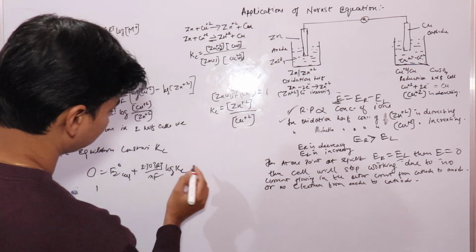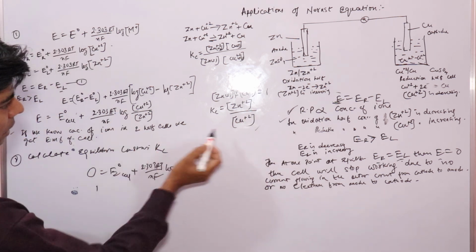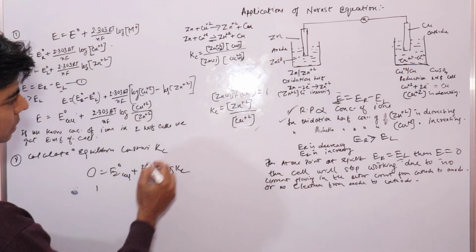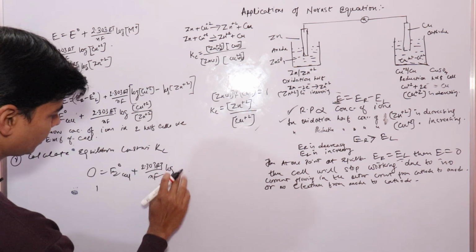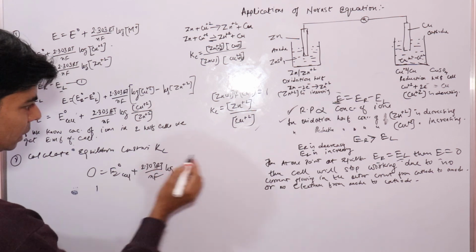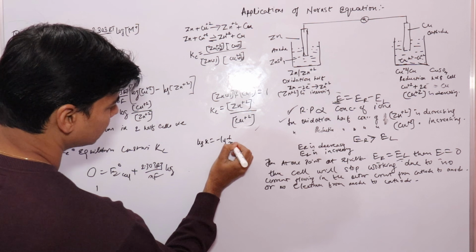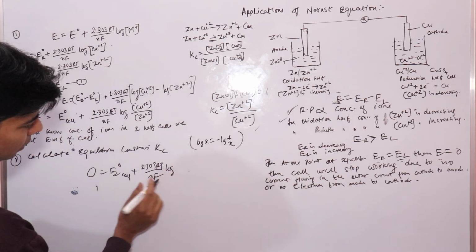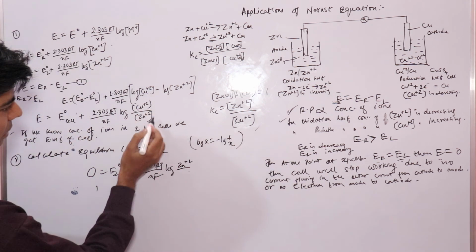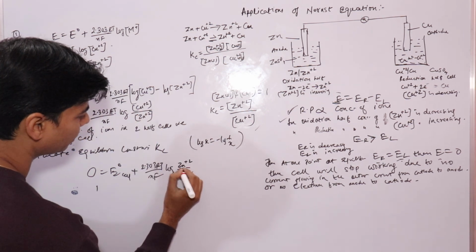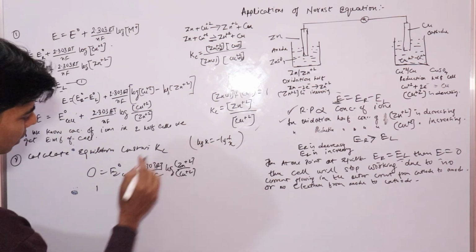or I can write, if I want to write this equation, since here the copper ions are above and this is down, so to write it like this, we know that there is a formula of logarithm that log x is equal to minus log of 1 upon x. I'll use this formula here and I'll change this to zinc ions upon copper ions, and I'll make this negative using this formula, right?